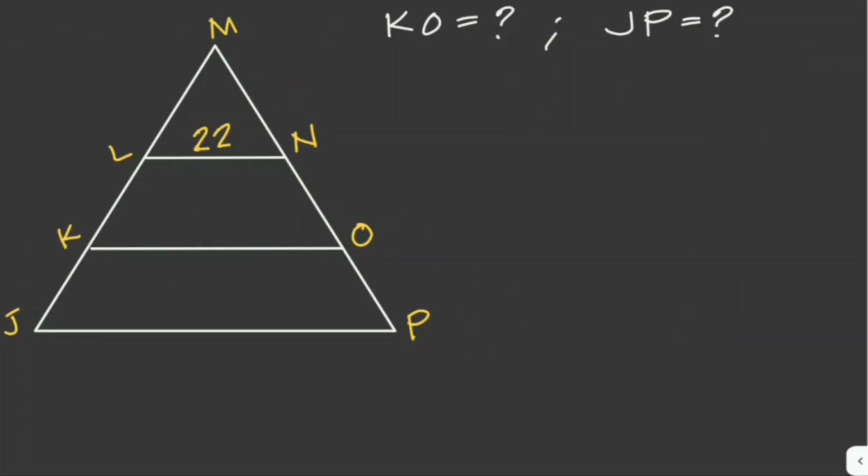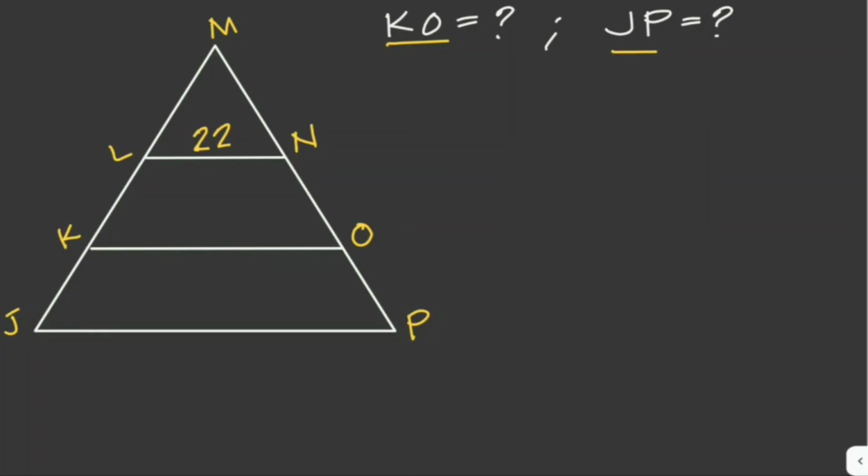We're given here this figure, a triangle with a mid segment and a trapezoid which has a mid segment KO. And we're given the value of the mid segment LN equals 22. We just need to find KO and JP.